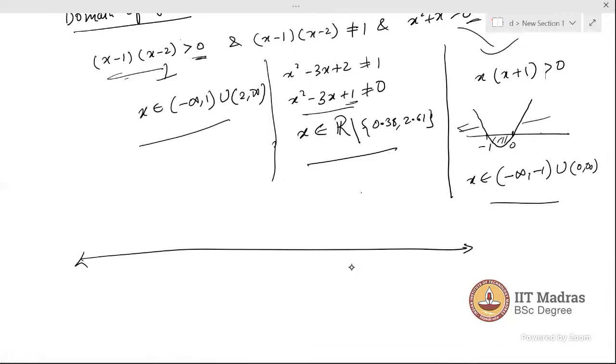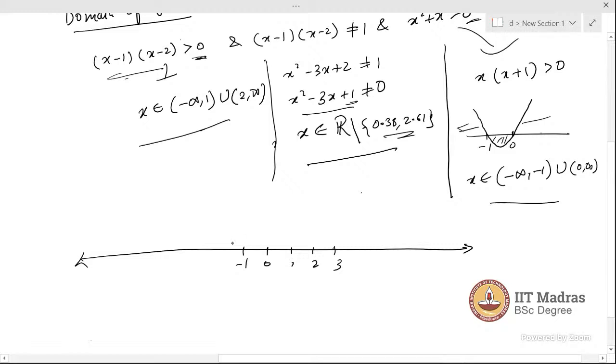Okay, so now let's take this. Since it says minus infinity to 1, I'll draw those numbers: minus 1, 0, 1, 2, and then 3, which lies in between. Now let's understand this.